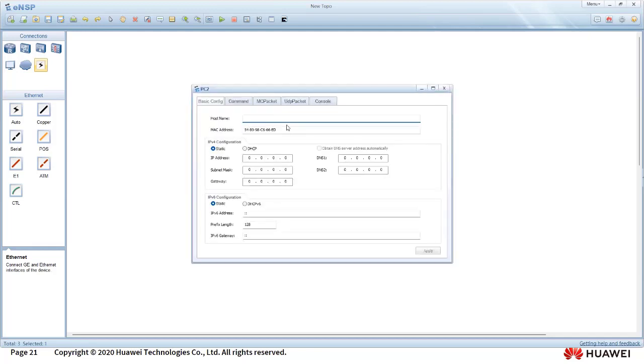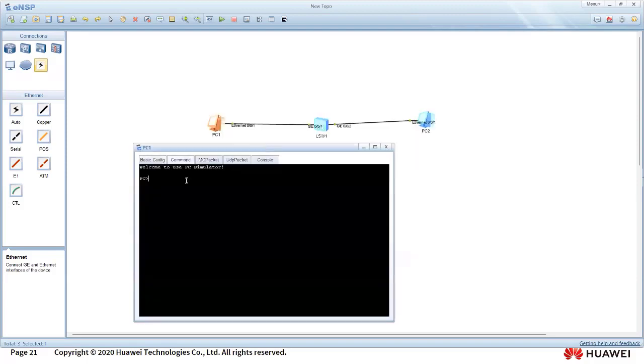I'll open PC2, give it its name, PC2, and also give it the IP address 192.168.3.30 and the subnet mask 255.255.255.0. And what I want to do is to get on PC1 command line interface and ping PC2, 192.168.3.30.